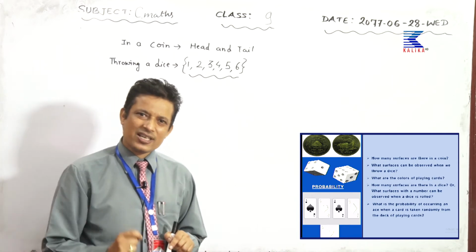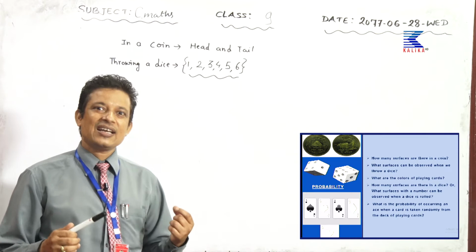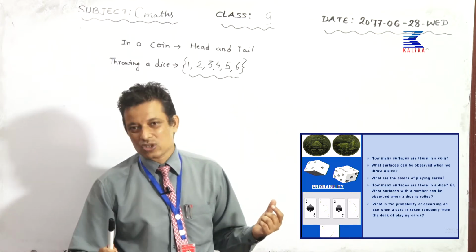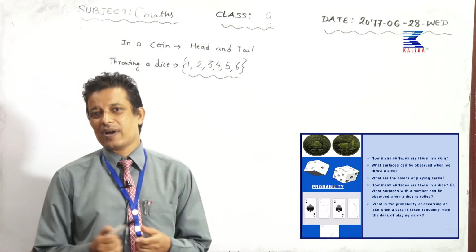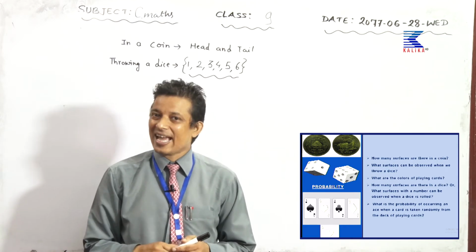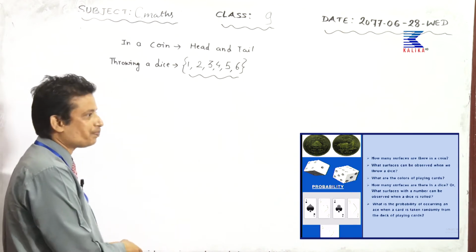So, if you are asked to calculate the probability of getting an ace, you need to remember the number of aces and the total number of cards. So, the number of aces divided by the total number of cards will give you the probability of getting an ace, that we will discuss later on.